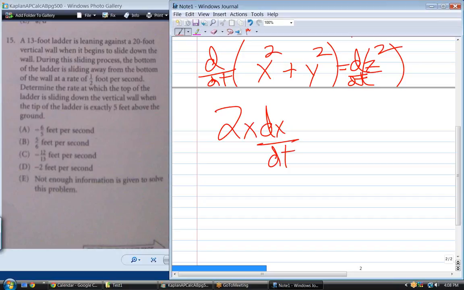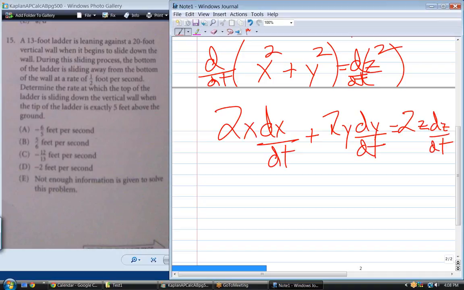It's essentially the application of the chain rule. Right. Okay? And plus what? 2y dy/dt equals 2z dz/dt. China, are you doing all my math? Yes. Yes, she is. Okay.